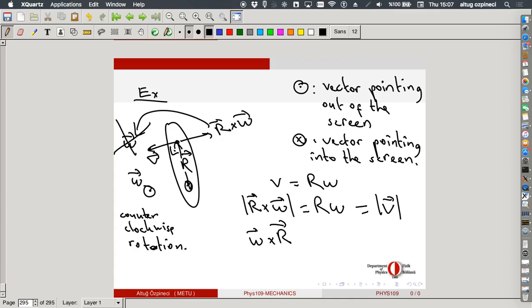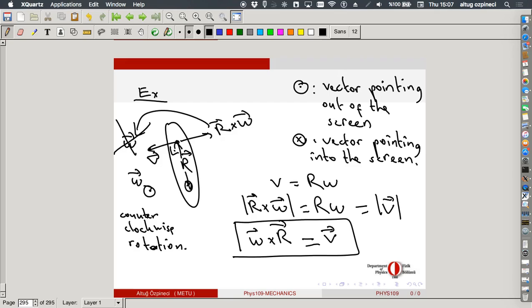So omega cross r is in the direction of v, and it has the same magnitude as v. So on one hand, I have the omega cross r vector and on the other the velocity vector. They both have the same direction, and they have the same magnitude. Those two things are what describe a vector: a direction and a magnitude. If you have two vectors that have the same magnitude and direction, then those two vectors have to be equal.